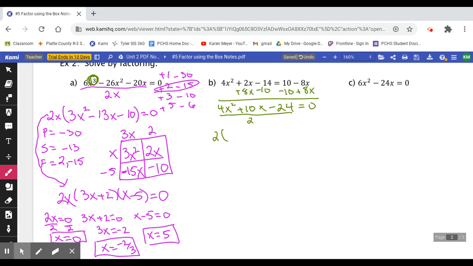So we get 2 parentheses 2x squared plus 5x minus 12. Okay, so leave that 2 at the very beginning alone. Product is negative 24. Sum is 5. So what multiplies to negative 24 that adds to positive 5? And if you have to, make a list off to the side to figure it out. And hopefully you would say positive 8 and negative 3.